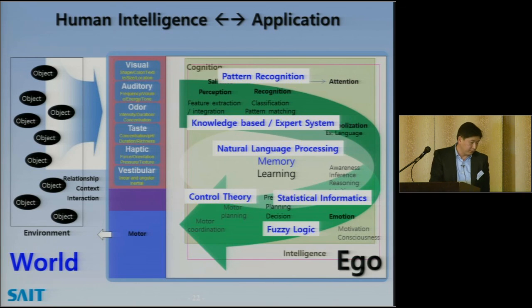Here is a slide I showed before. What we are using this neural network for now is some pattern recognition. But what we may want to move toward is knowledge-based and expertise systems, and natural language processing at a much higher accuracy, because it's 60% accuracy or 80% accuracy.